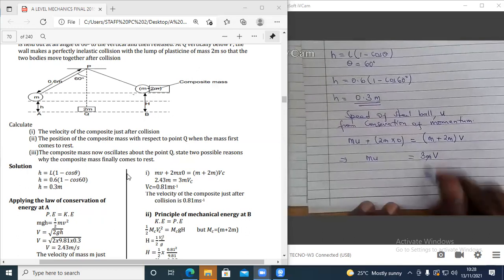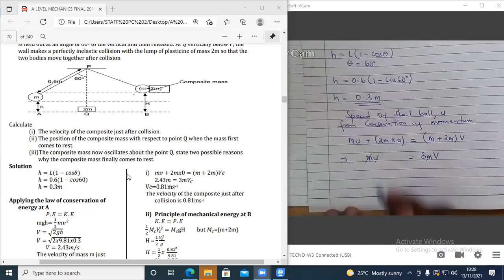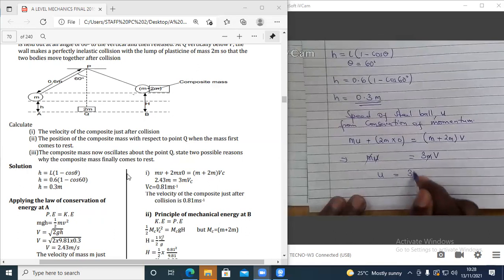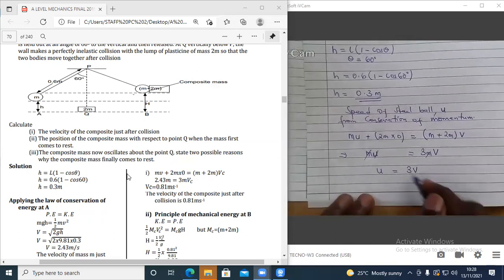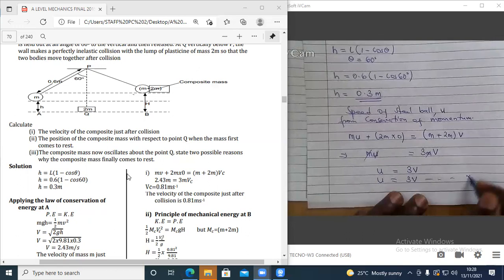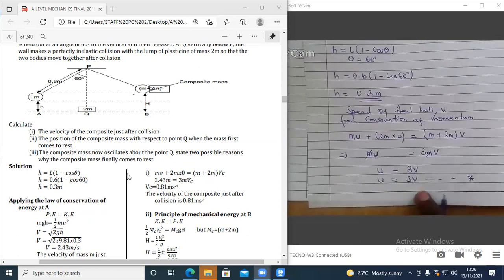So the m and m will cancel out, and we shall remain with u equals 3v. Let me make it a star there. I don't know u, so the only thing remaining is to find v.